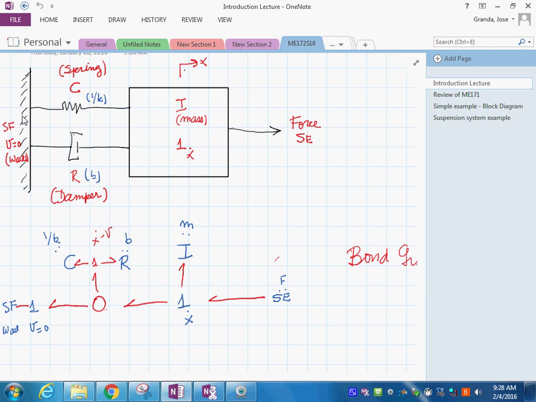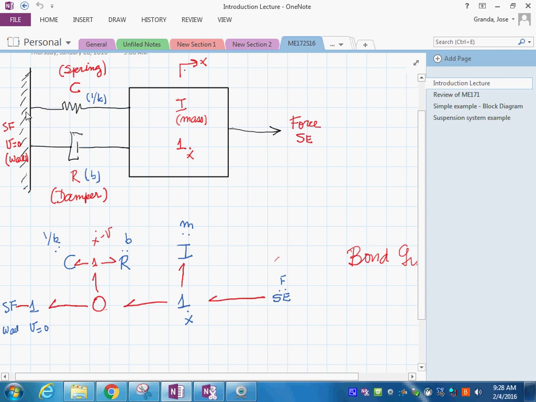We represent the source of effort for the forcing here, and this one junction is telling us that in this system the velocity x dot is common to the forces, to all the other elements.